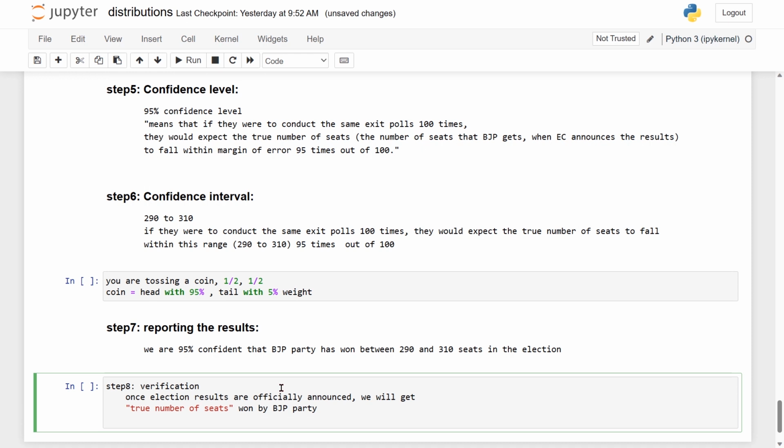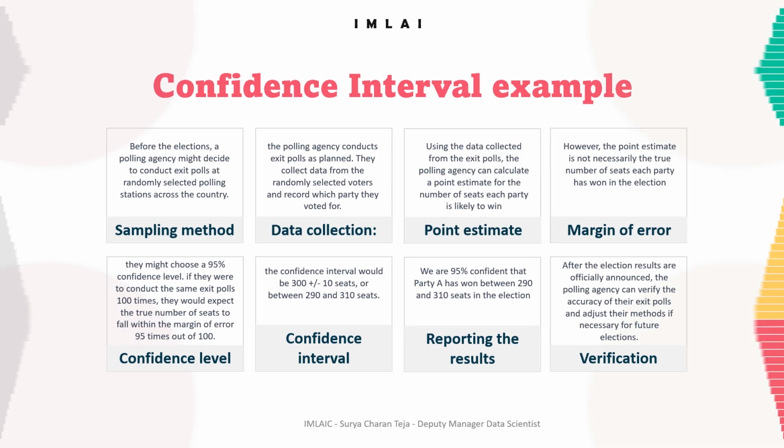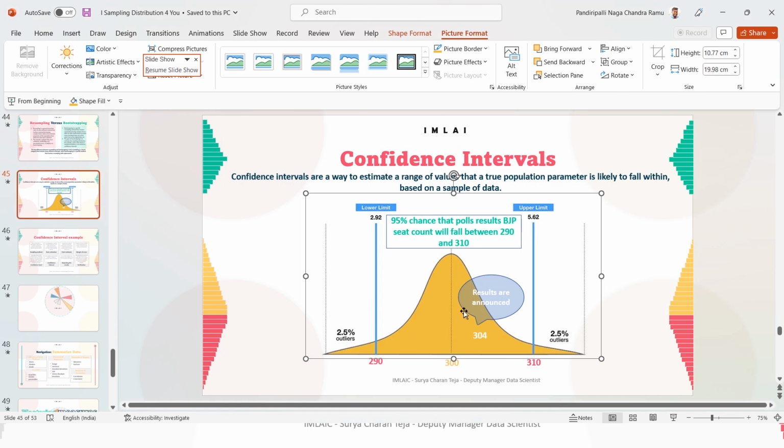Once you have the true number of seats, then we will compare the true number of seats with the interval.